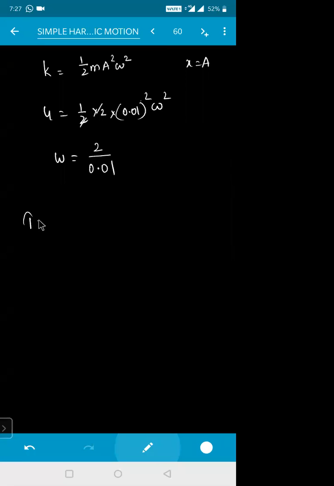So time period will be equal to how much? We know the formula. T is equal to 2 pi by omega. Omega is 2 divided by 0.01. So this 2 and this 2 will get cancelled.